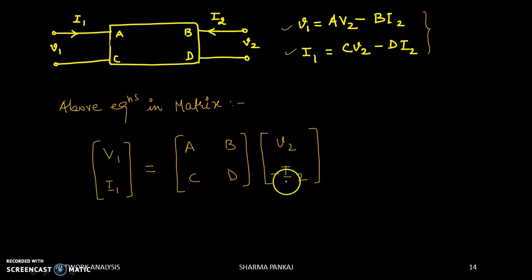Put a minus sign before I. That is, this I2 will be outward in the power system.